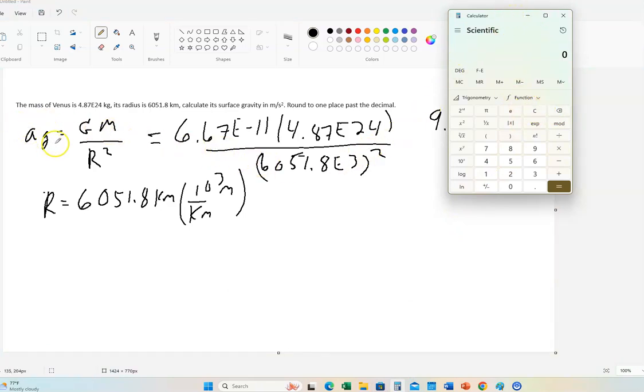The surface gravity on Venus is 6.67 times 10 to the minus 11th.